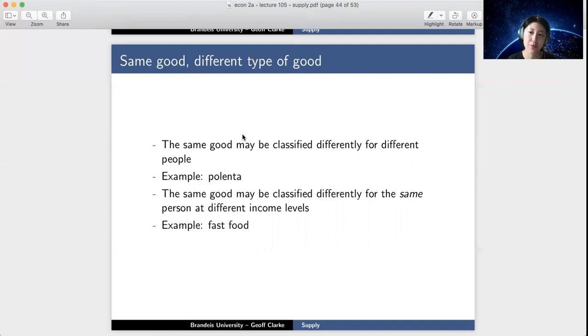So I started to switch to them instead of consuming fast food as I used to do. So in this case, with higher income, I consume less fast food. So in this case, fast food is an inferior good.